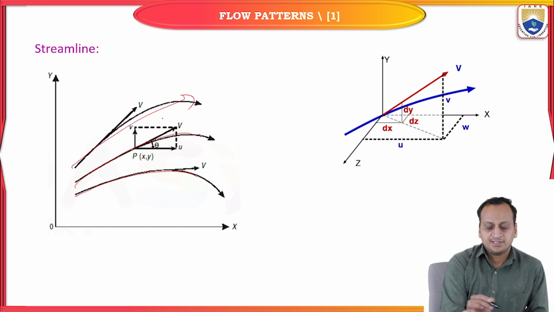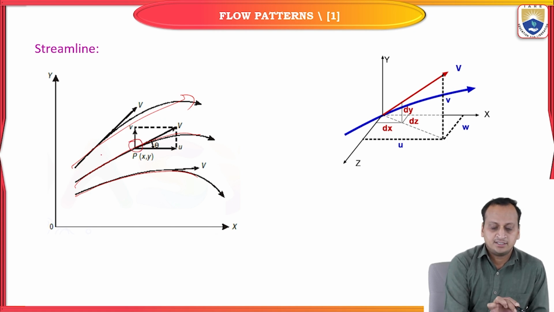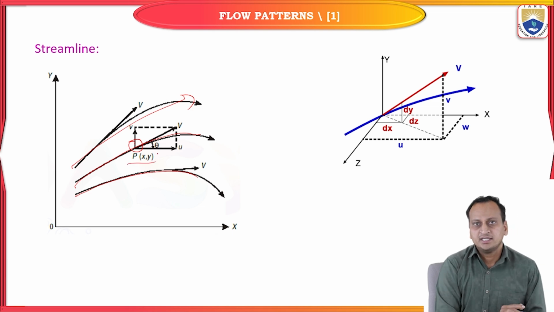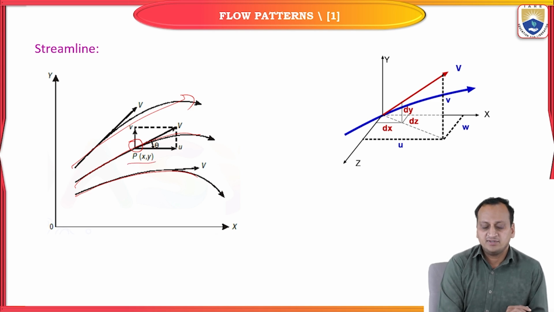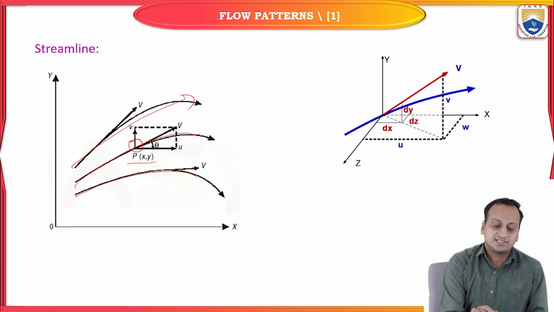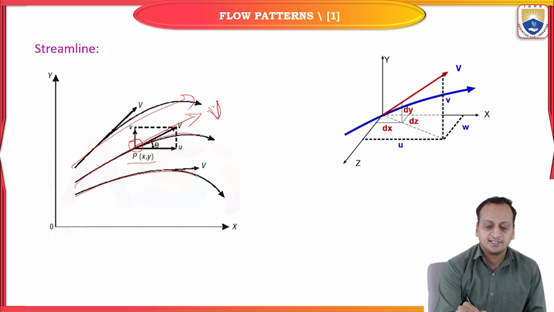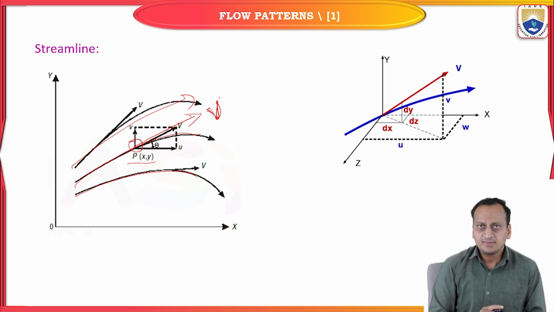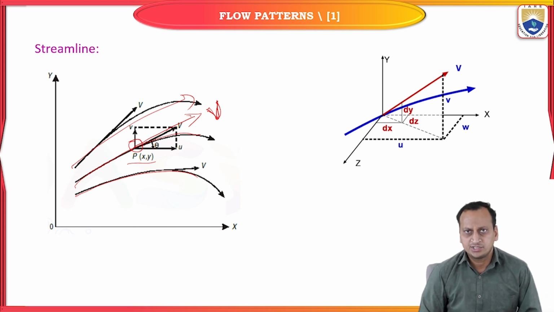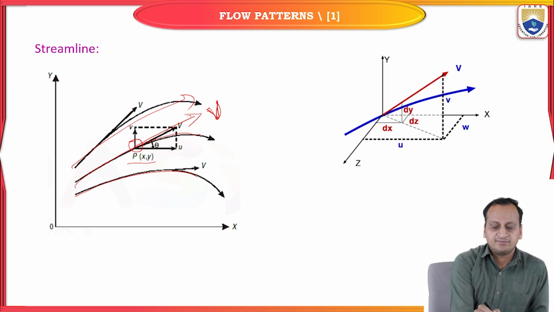If you consider a fluid particle at this instant at P of x, y, you can take the horizontal velocity component along x and a vertical velocity component along y. The tangent to this curve gives the direction of velocity of that particular fluid particle at that instant, at the P of x, y coordinate.